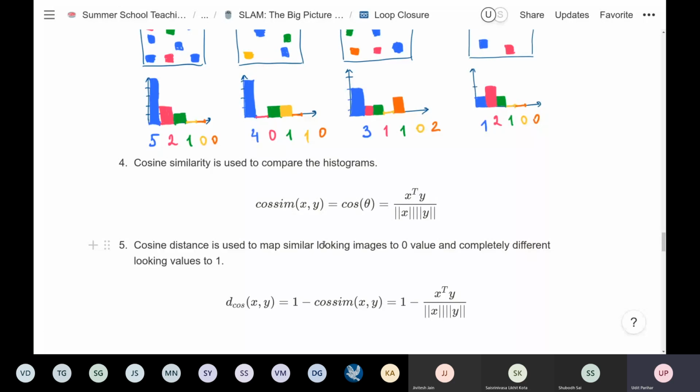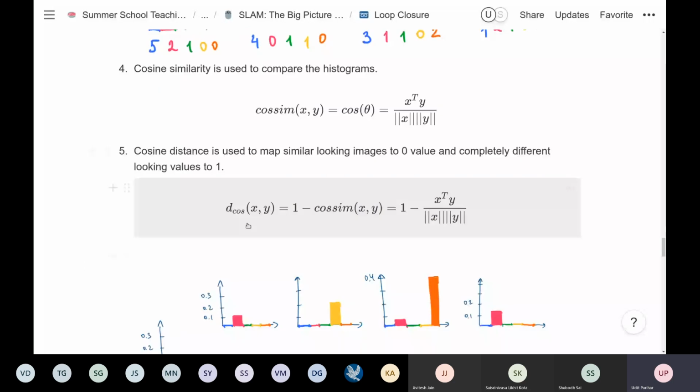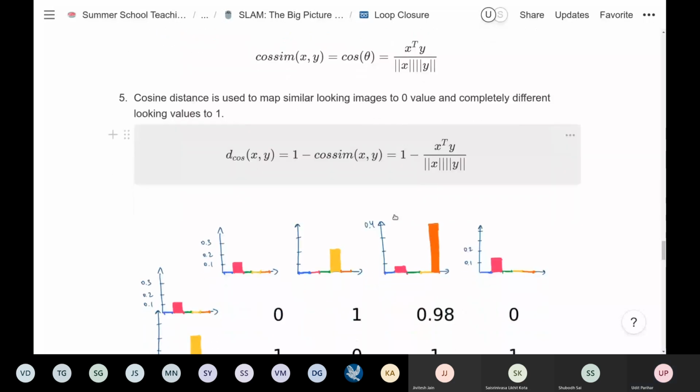But we want the opposite of that: if vectors are looking in the same direction, then it should give a low loss value like 0. And if they are orthogonal, then it should give a high value. That's why we will do 1 minus cosine. So this is our comparison matrix, the cosine distance matrix.